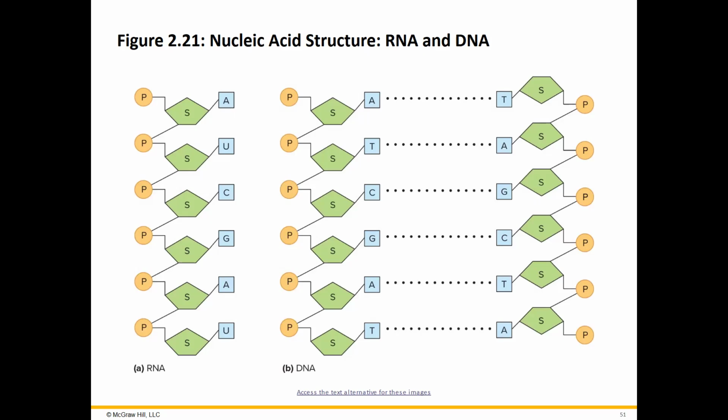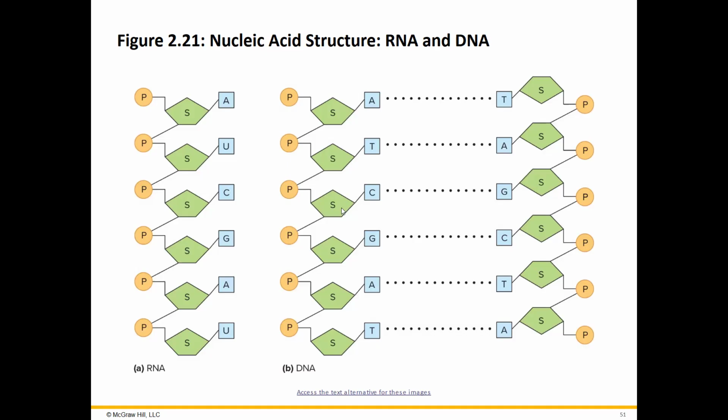When we build protein, the nitrogenous base is the code. This is the sugar, ribose. This is the phosphate group. The nitrogenous base is the code. When we have RNA, the letters we have are A, U, C, and G.